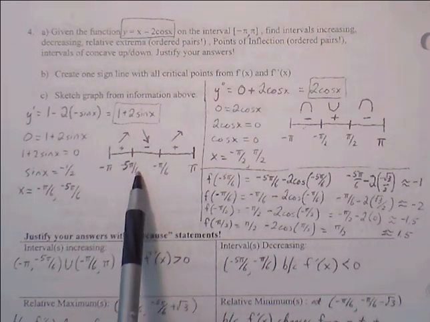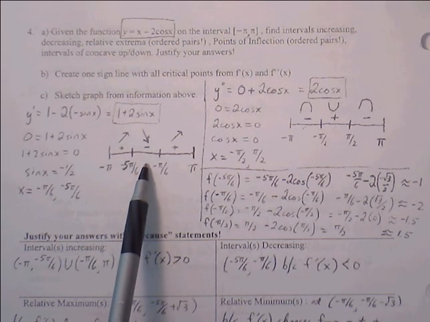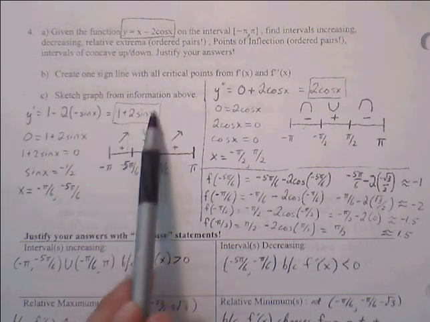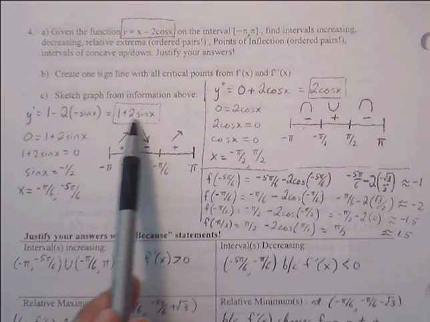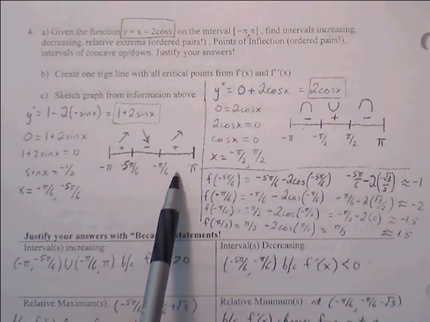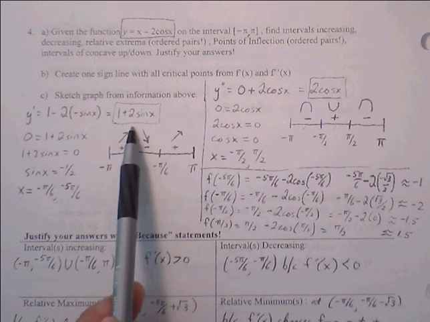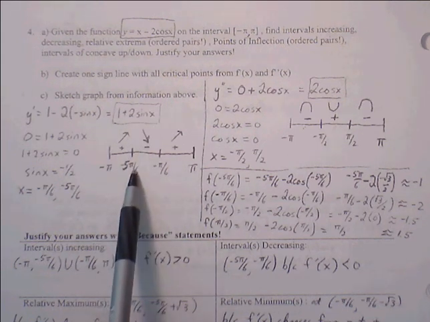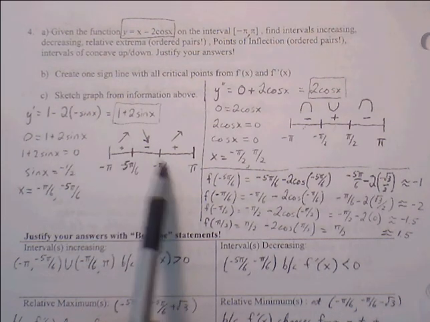Between negative 5 pi over 6 and negative pi over 6, if we choose negative pi over 4, for instance, we get a negative value in the derivative, so we know it's a negative slope. From negative pi over 6 to pi, we can plug in 0, for instance, and we'll get a positive value. So the graph is increasing, hits a relative max, decreases, hits a relative min, increases again.